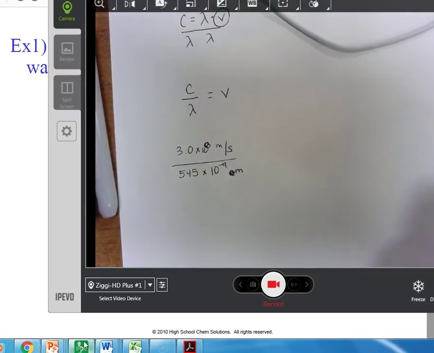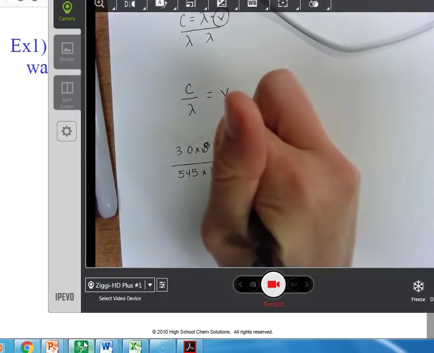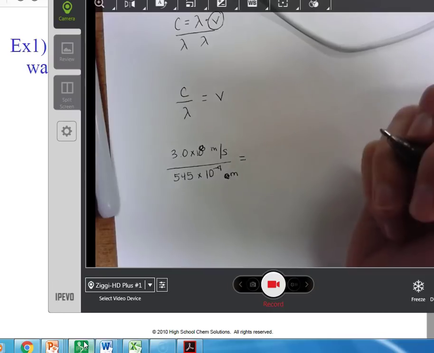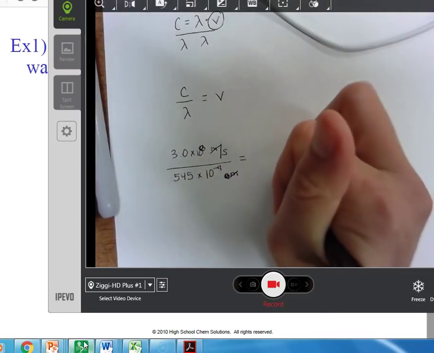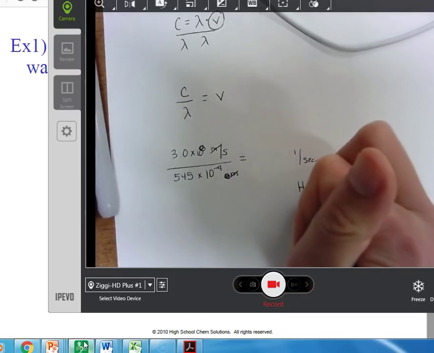In this case, it was in nanometers and I want to change it to meters, so times 10 to the negative 9th. And then it's simply a calculation on your calculator. Our meters cancel, and our units will be 1/seconds or hertz.